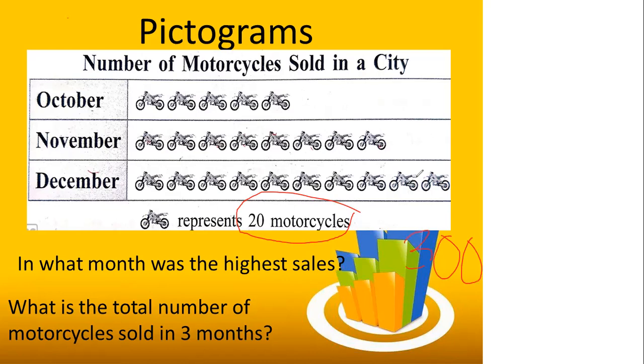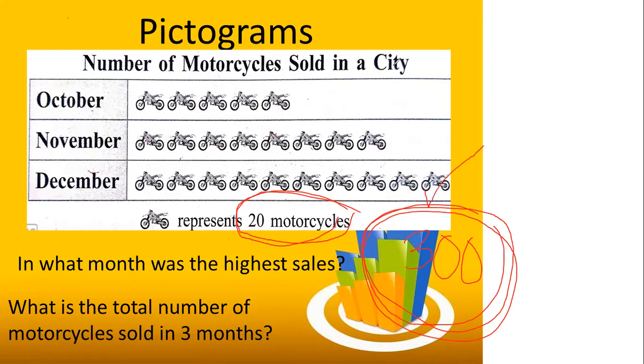So if 300, how many motorcycles? 20 or 15? 20 times 20 is 400 already. So how many motorcycles if you have to create 300? 15 only, because you said that one picture is 20. So therefore 15 times 20 is 300. So you draw 15 motorcycles.